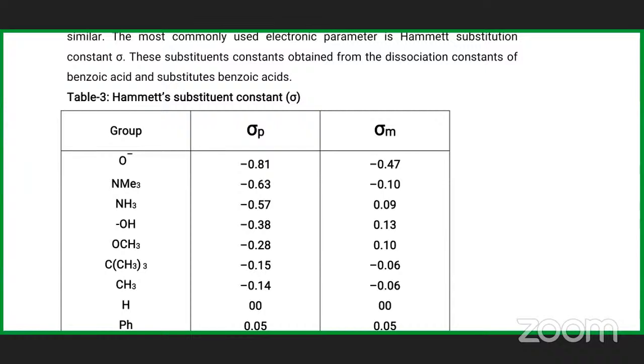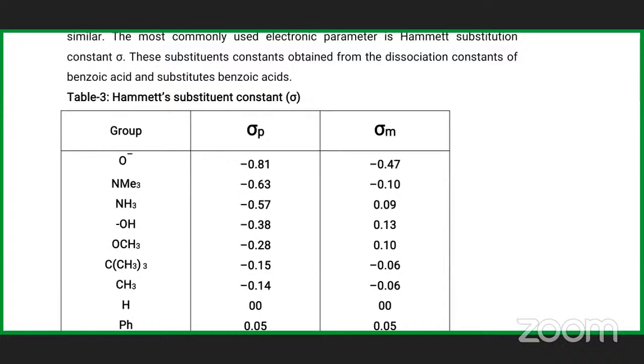You remember that there is no effect of the ortho substituent here, because the ortho substituent is not considered. Generally we don't keep the ortho substituent because it causes instability of the drug compound, making it unstable. That's why the ortho substituent is not considered.